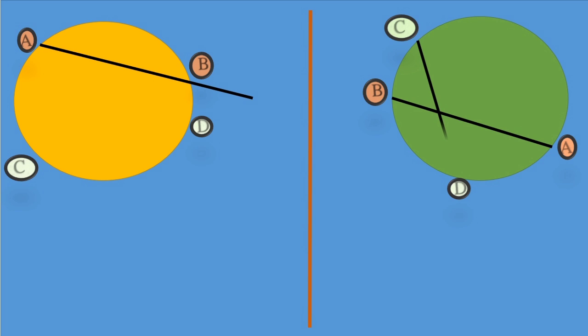In the first circle, CD and AB intersect at a point inside the circle; in the second circle they intersect in a point outside the circle. I can call this point M.